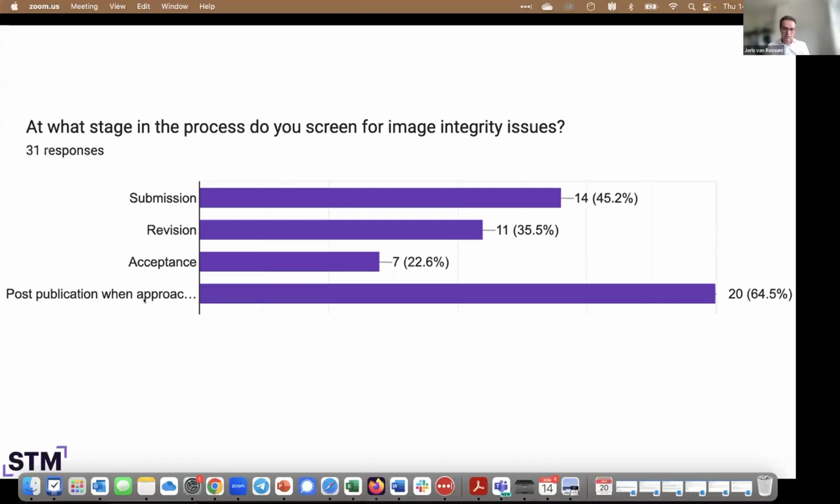So we sent a survey to all the people participating, but also to some screening experts, and I will try to go through the answers relatively quickly. First question was, at what stage in the process do you screen for image integrity issues? We see two groups of people, one that screens at submission, but also quite a few that do it after acceptance when approached with an issue.